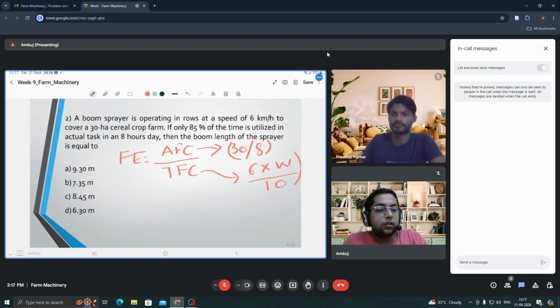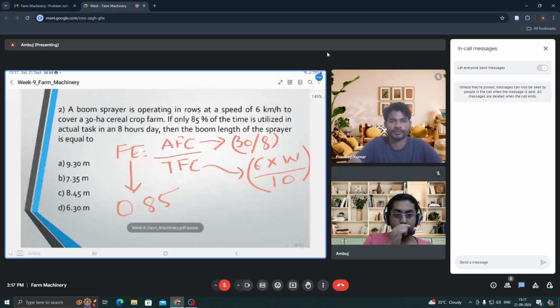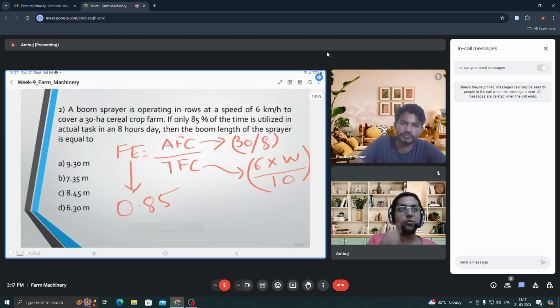And this field efficiency has been given as 85, so keep it here as 0.85. Try to calculate the W. This would be the approach. Easy, straightforward question. Just try to solve it. In examinations also, these types of questions are very common, straightforward questions. If it comes in the examination, please solve it.